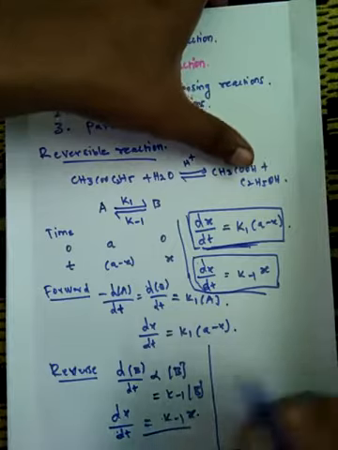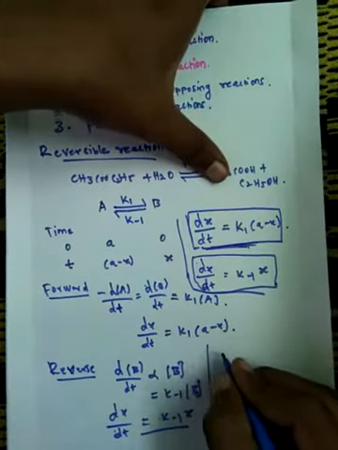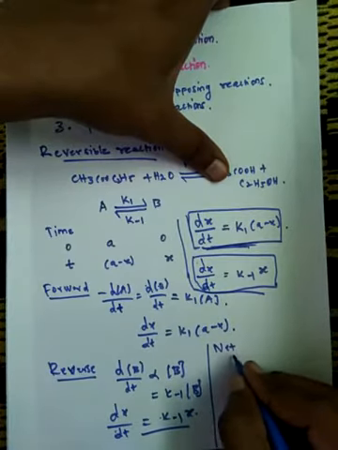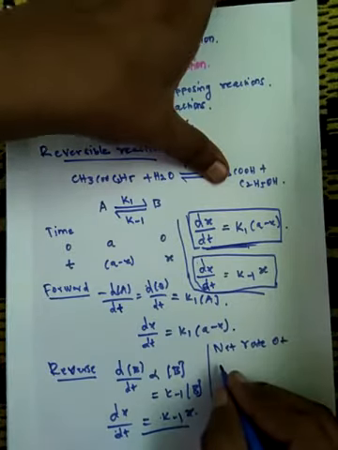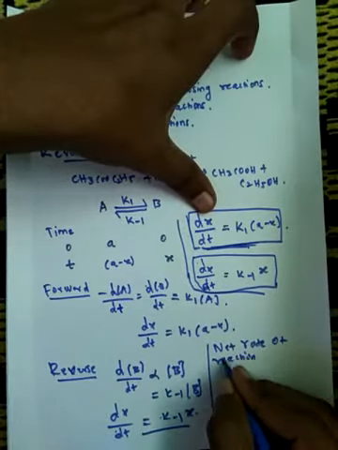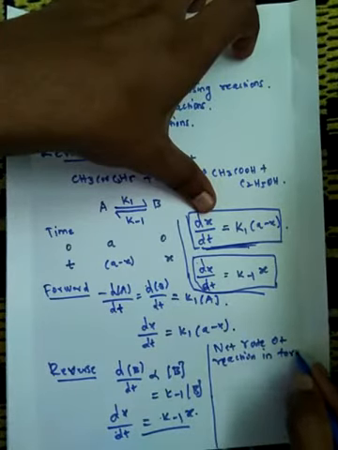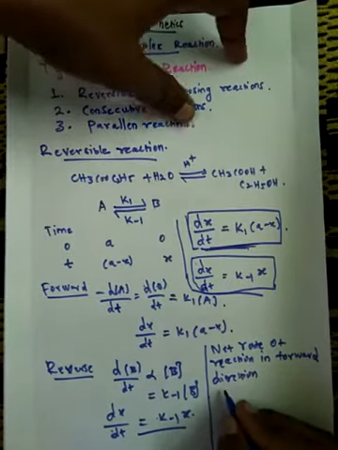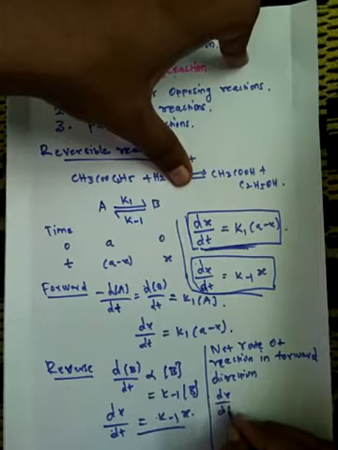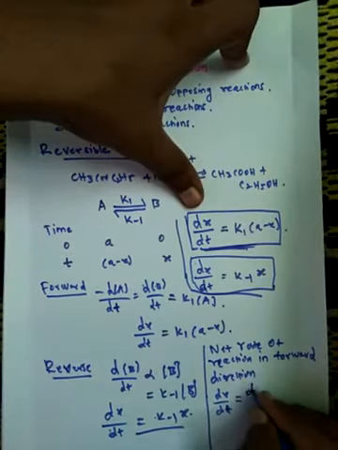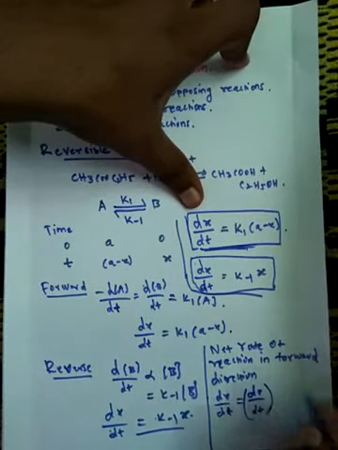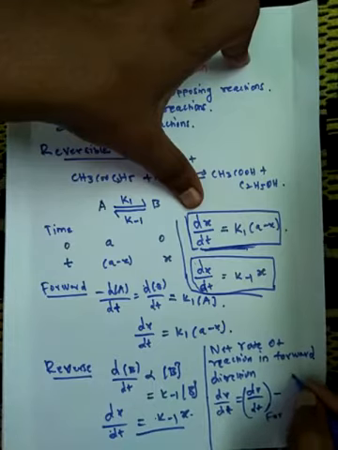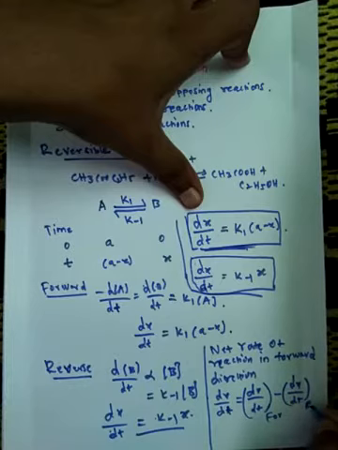The net rate of the reaction in the forward direction is given by, let me say, dx by dt equal to dx by dt forward, the rate in the forward direction, minus dx by dt, the rate in the reverse direction.